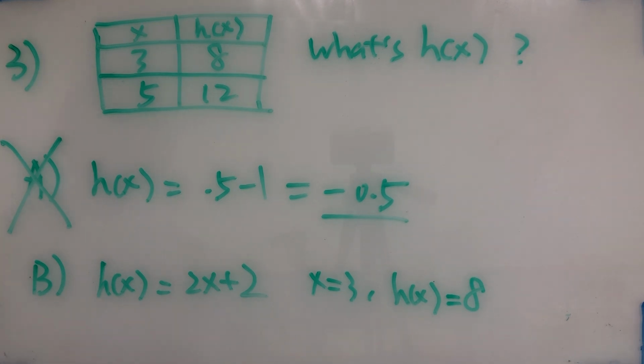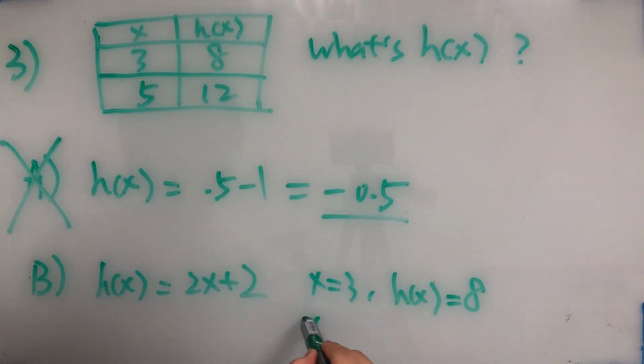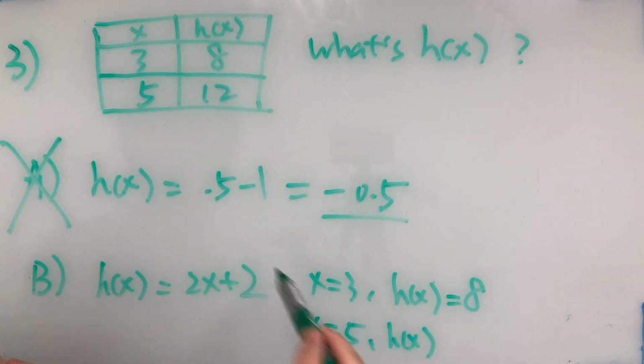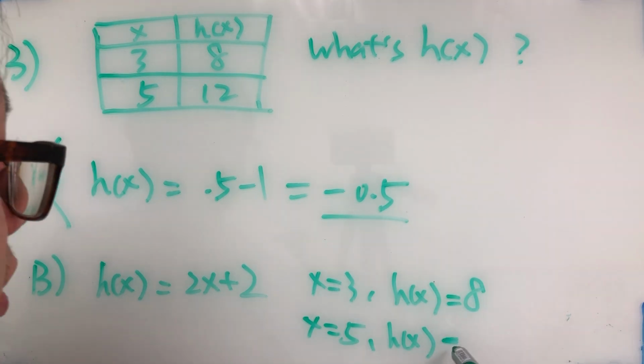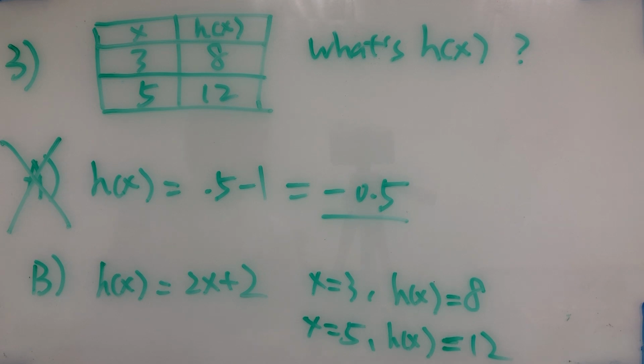And when x is 5, h of x would be 5 times 2 is 10, 10 plus 2 is 12. Oh, alright. It passes both of our tests, so B is the correct answer.